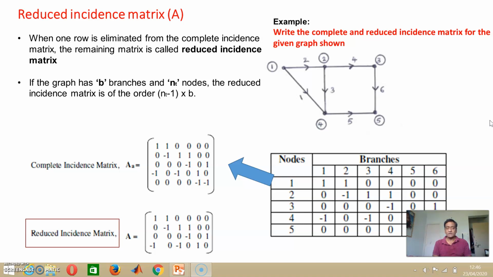Its name is reduced incidence matrix. Let us see what a reduced incidence matrix A is. I think you can see the slide, and it is written here: reduced incidence matrix. In the bracket, simply if I write A, it denotes the reduced incidence matrix.